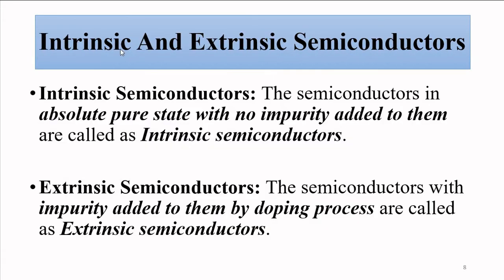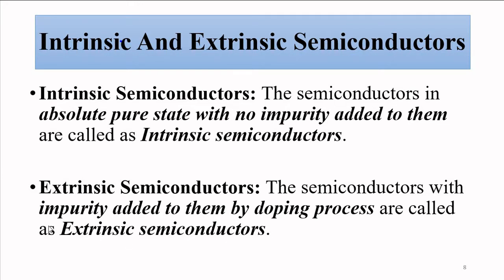Intrinsic semiconductors are semiconductors in their original form without any external impurity added. Semiconductors in their absolutely pure state with no foreign substances added are intrinsic semiconductors. Extrinsic semiconductors are those where foreign substances or impurities are added by the doping process to enhance their conductivity.